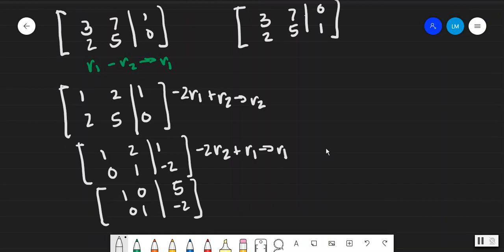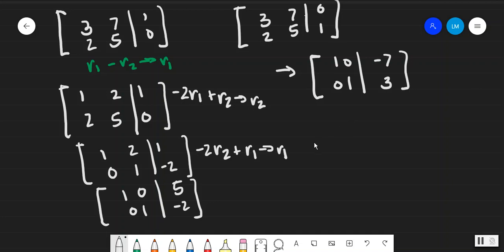But notice this. If you do the same thing over here and reduce it, you end up with -7 and 3.